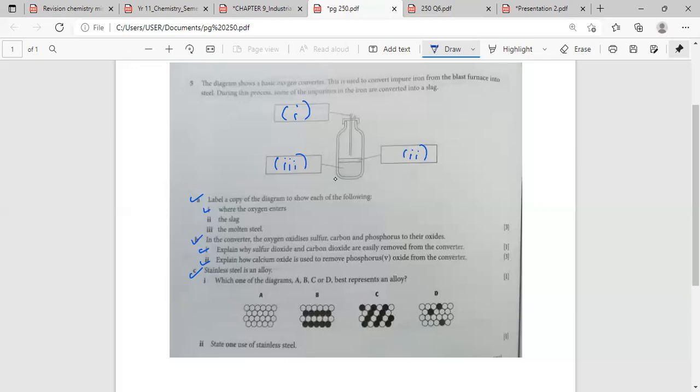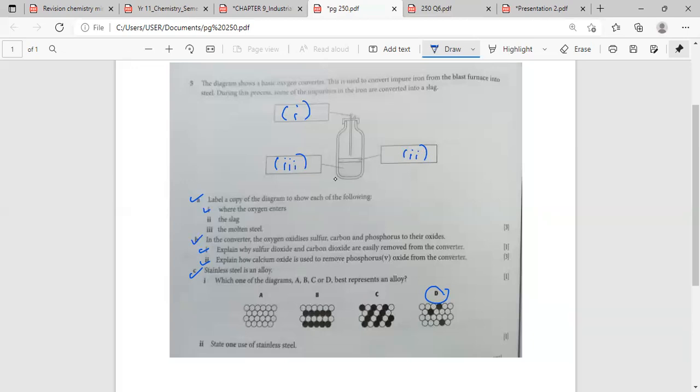Yes. Why D? Because stainless steel is an alloy. Stainless steel contains iron, chromium, and nickel. When you look at diagram A, there's only one type of atom, so it can't be an alloy.